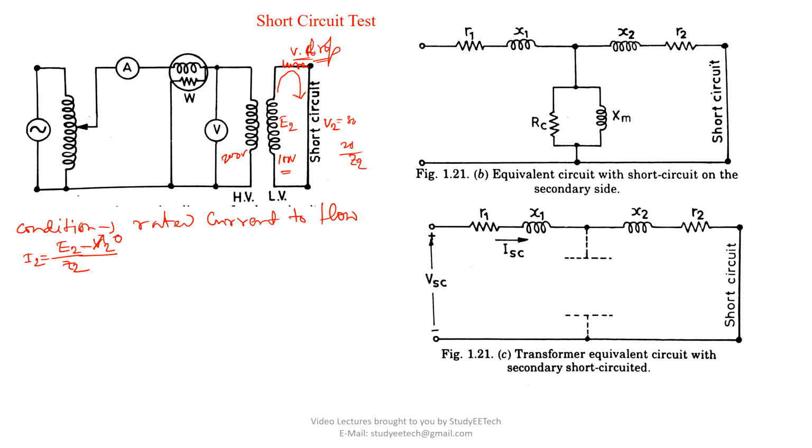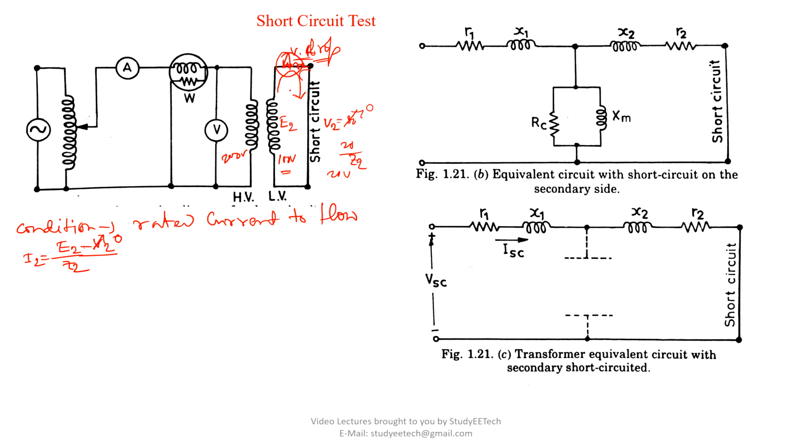Now, this is short circuit, no 80 volt is developed here, there is only 100 volt, so 100 by Z2 will be much more current, right? Then 20 volt is enough to circulate the rated current. That's what I'm trying to say. You start from here and gradually increase the variac to 20 volt. If you put an ammeter here, you will see that at very low voltage the rated current is flowing.